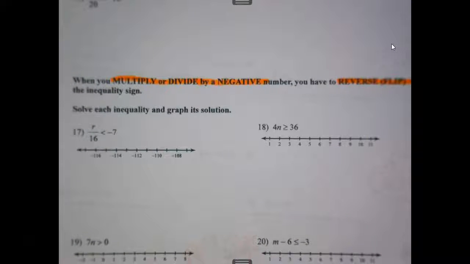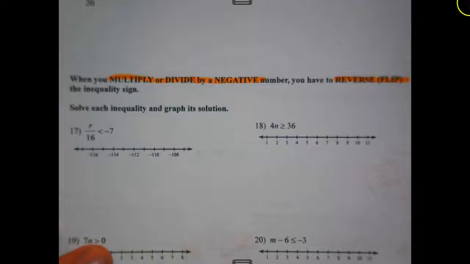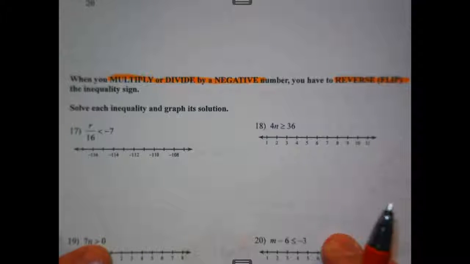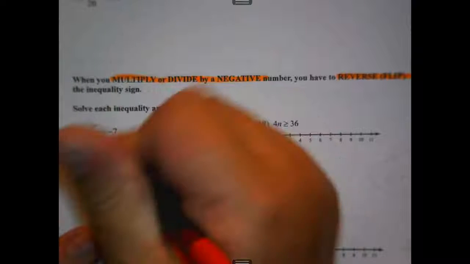Number 17. We're going to graph these as well, and should we use interval notation? Because you're going to need it in Algebra 2 anyway. All right, let's do interval notation.